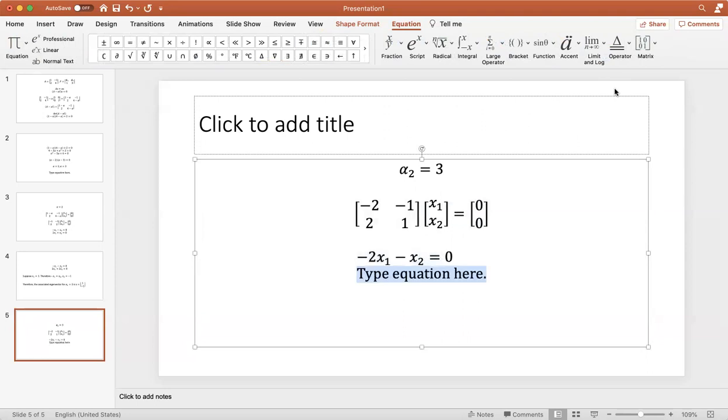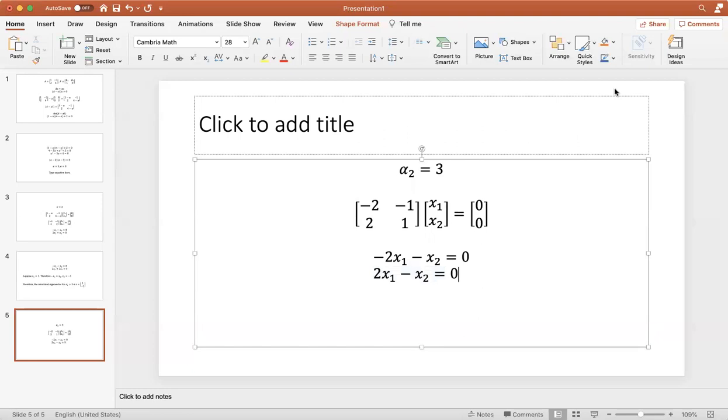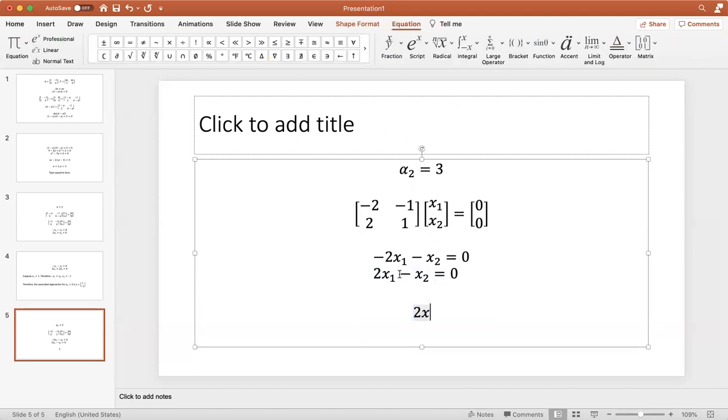And then you'll have 2x1 plus x2 equals 0. Sorry, this one is supposed to be plus. Again, let's make some assumptions, and we can use the second equation to do so. So 2x1 must be equal to negative x2.